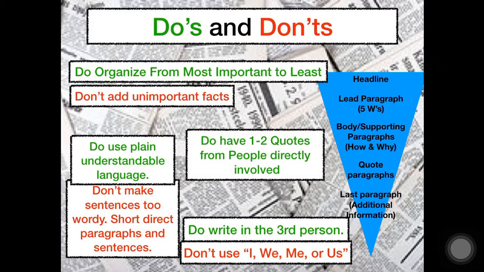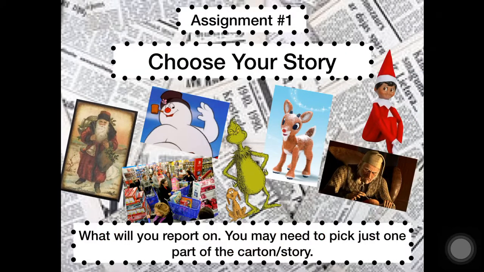All right? Okay, so our first assignment for this week is to choose your story. What do you want to report on? You may need to pick just one part of one of these cartoons or stories, because sometimes there could be numerous parts of that show or cartoon or story that you could write an article on.